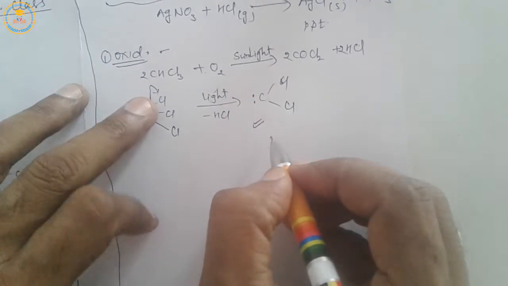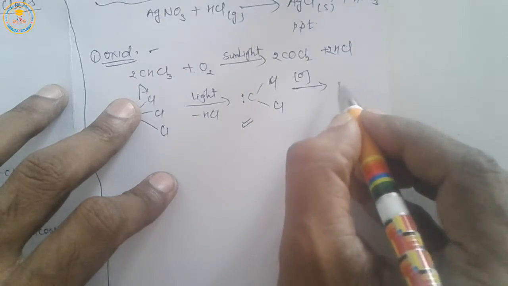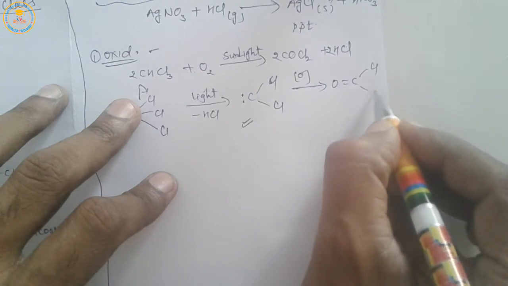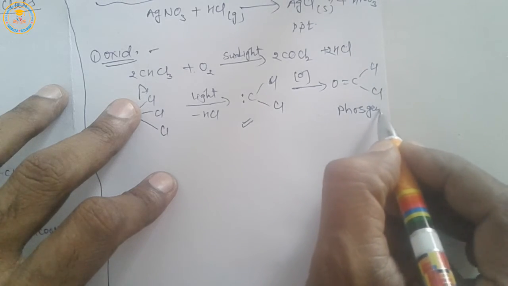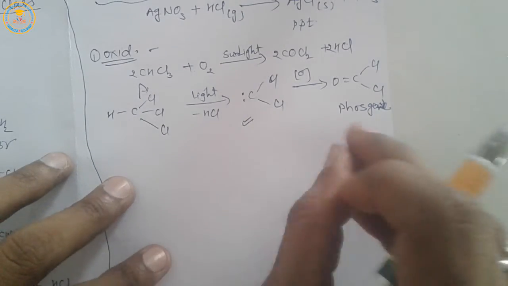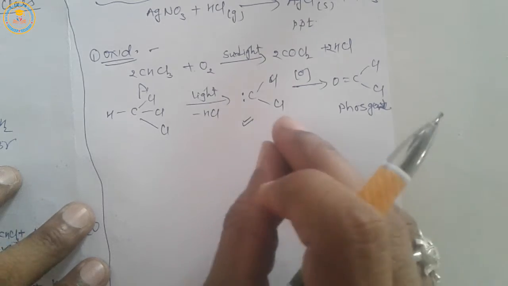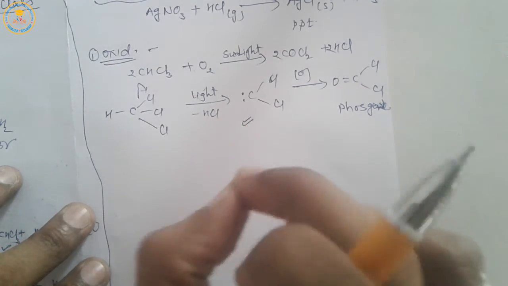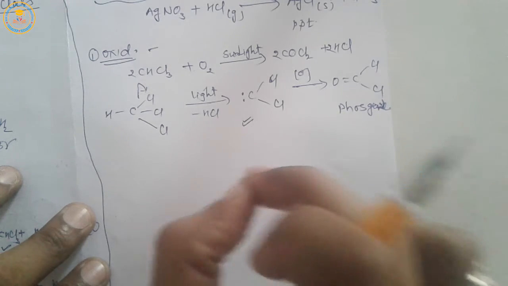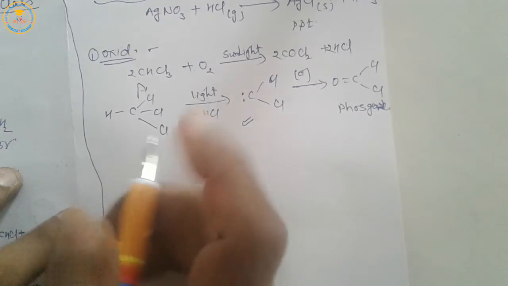After oxidation of dichlorocarbene, phosgene, a poisonous gas, is obtained here, so impure chloroform cannot be used as an anesthetic due to formation of phosgene. Very important point.